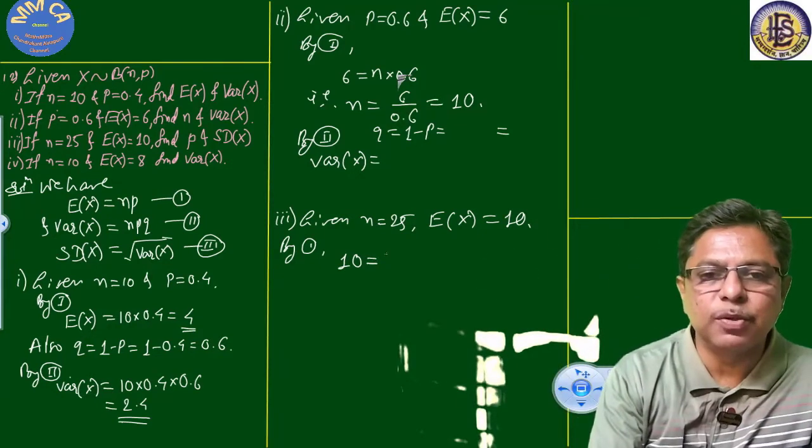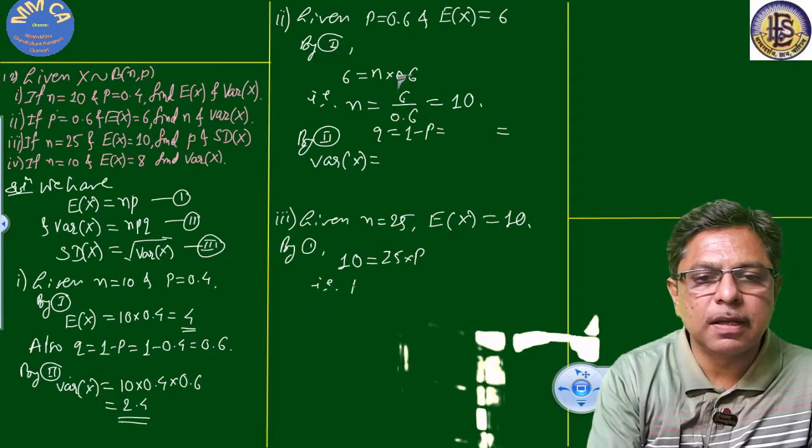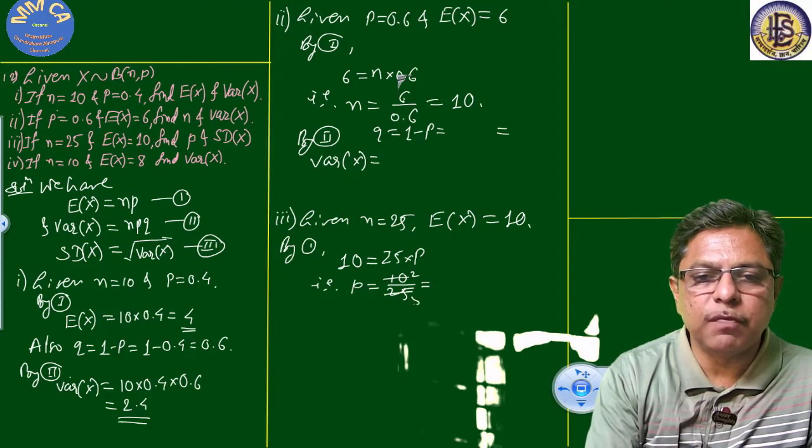That is the only difference. n is 25 into p, so p is equal to 10 divided by 25. You may divide by 5 there. 5 2s are 10, 5 5s are 25, so it is 2 by 5, or in decimal form you may write this as 0.4.